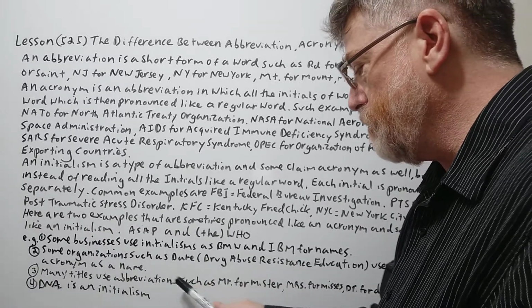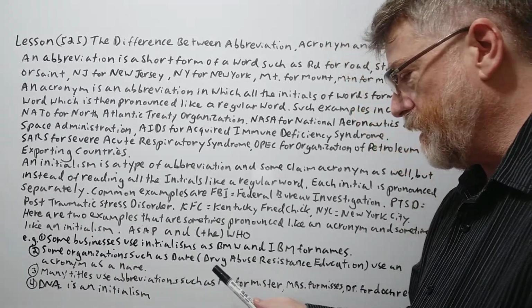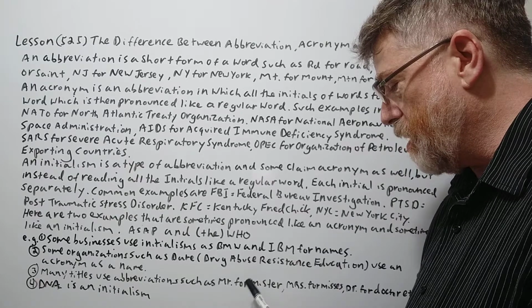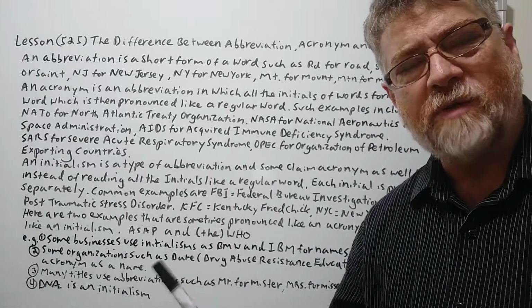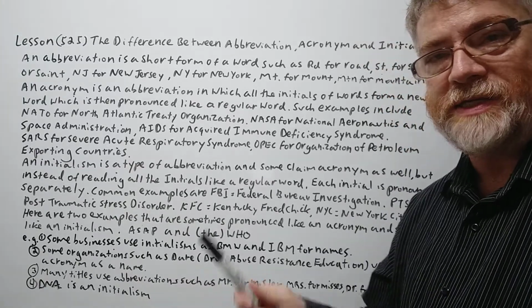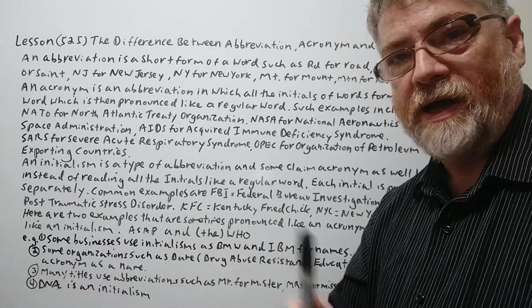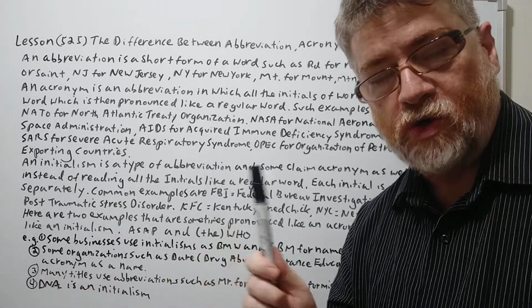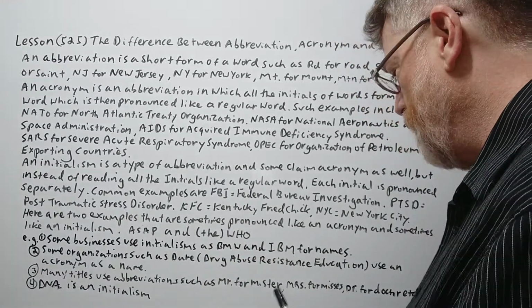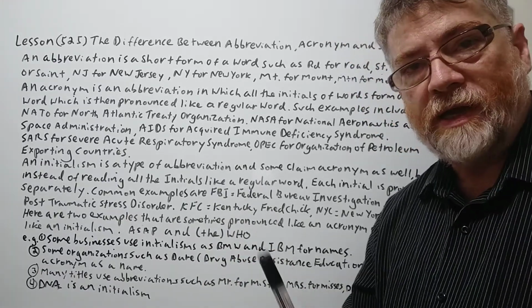Many titles use abbreviations, such as MR for Mister. Again, we don't usually read it as M-R. Nobody says M-R Smith. They'll say Mister Smith, even though the MR is short for Mister. Or MRS for Missus. Same thing.